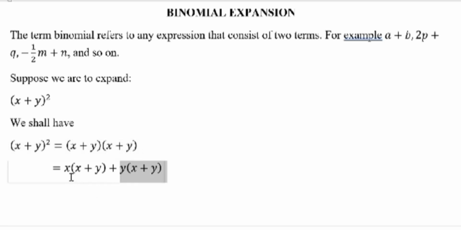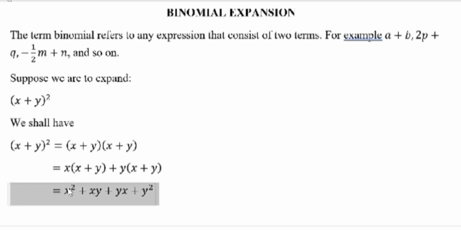Now, x times x gives us x squared. x times y gives us xy. y times x gives us yx. And y times y gives us y squared. At this point, you realize we can write these alphabetically, so that yx is interchanged to read as xy.